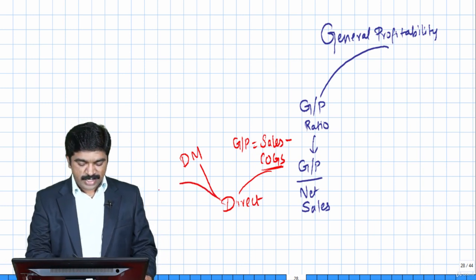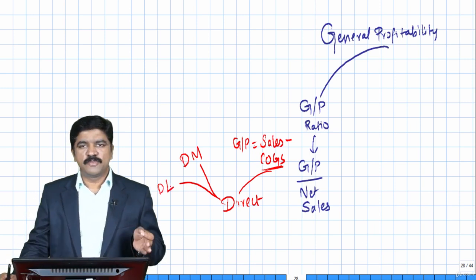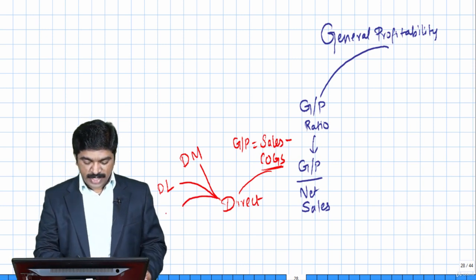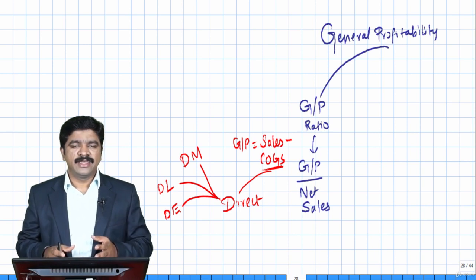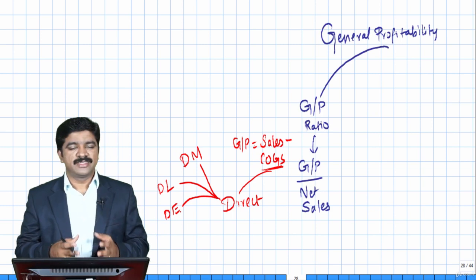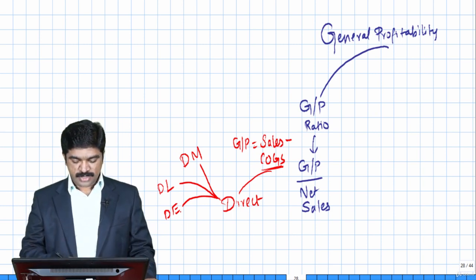It can be the direct labor cost. I mean, you are engaging laborer for producing or manufacturing this product. Then it can be direct expenses. The other expenses which were incurred directly with the operating activity, that is the activity of generating sales. Then we'll call all these as direct expenses.